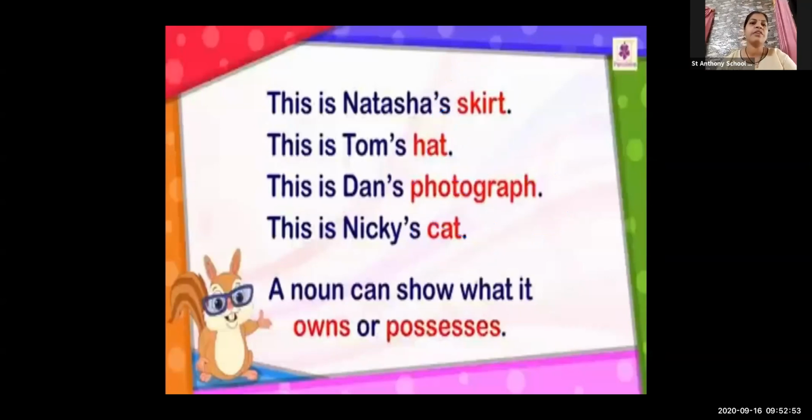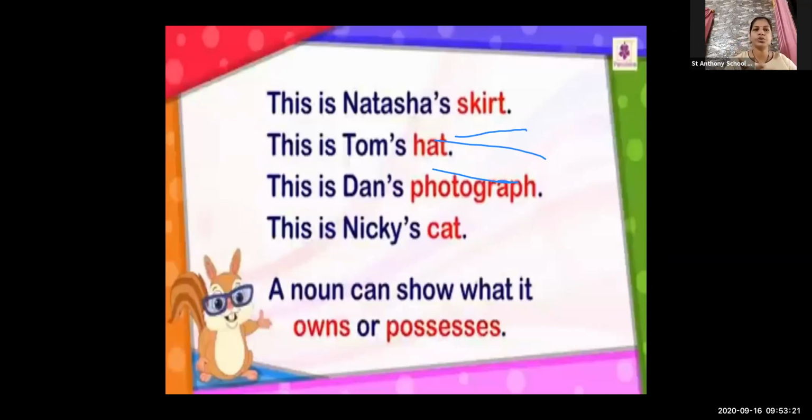So when we talk about the ownership of a noun, it is called the apostrophe for singular possession. It shows the possession. Possessive means we are in touch with that thing. It does not belong to many, it belongs to a particular person.